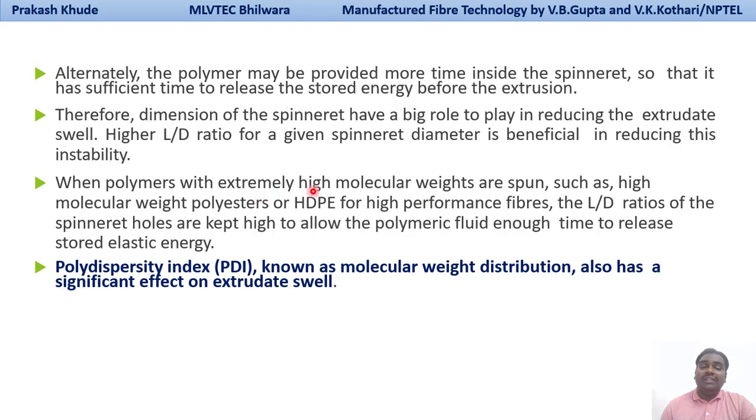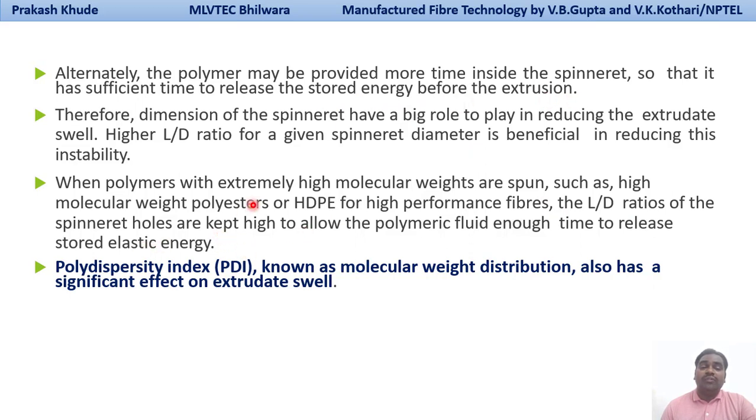When polymers with extremely high molecular weight are spun, such as high molecular weight polyester or HDPE, the length to diameter ratio of the spinneret holes needs to be kept high to allow the polymeric fluid to release its stored elastic energy before extrusion.